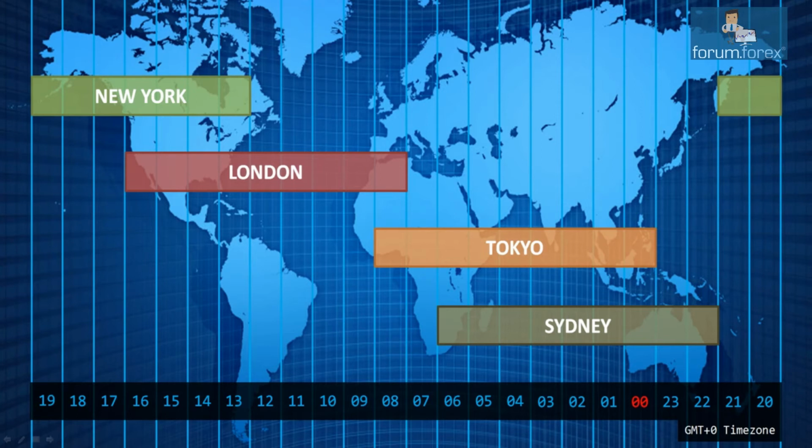And some traders actually do that. They capitalize on this narrow window of time when both sessions are open. They take the most out of the movements of volatile currency pairs like the British pound Japanese yen, and then they finish their trading very early on in the day, and they have the rest of the day for themselves.